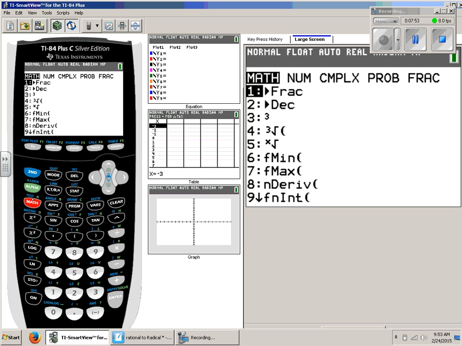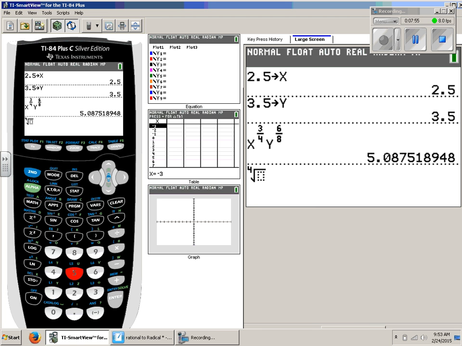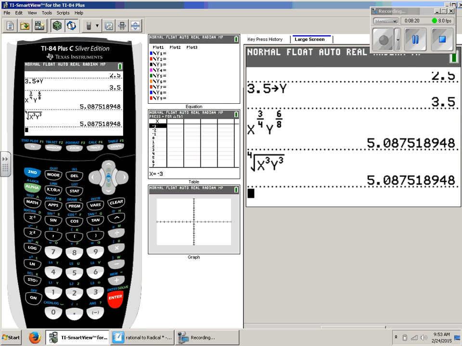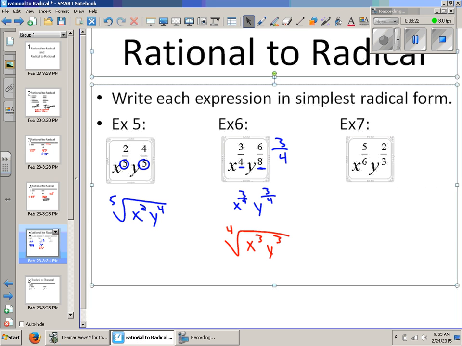So 4 math 5, x cubed, y cubed, x cubed, and y cubed. And we have the same number, so that means we got the correct answer.